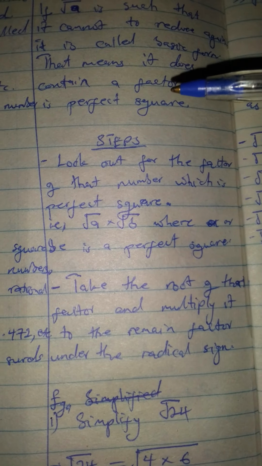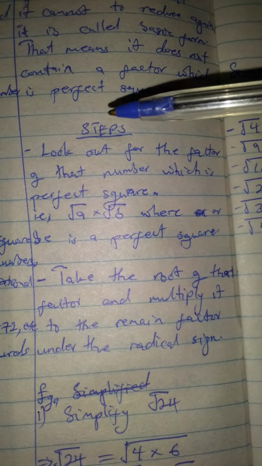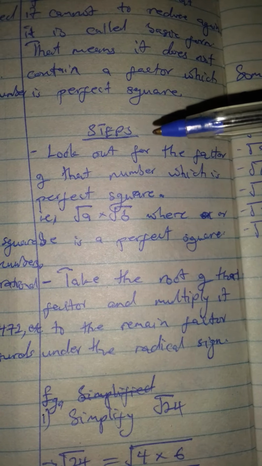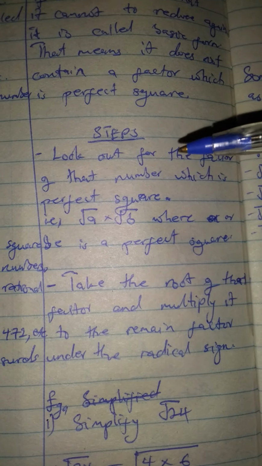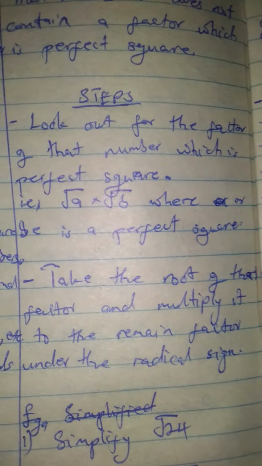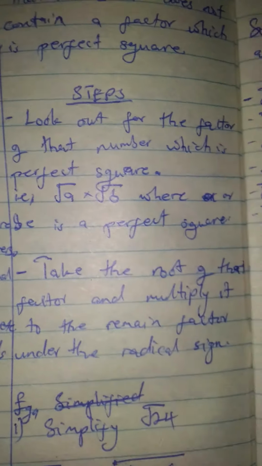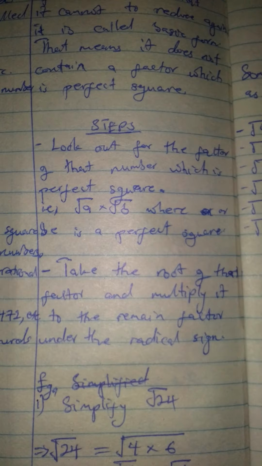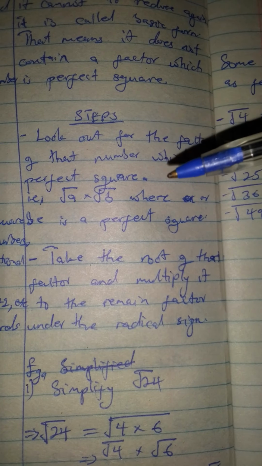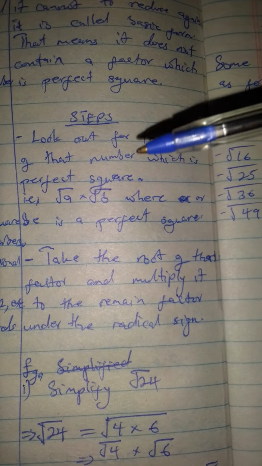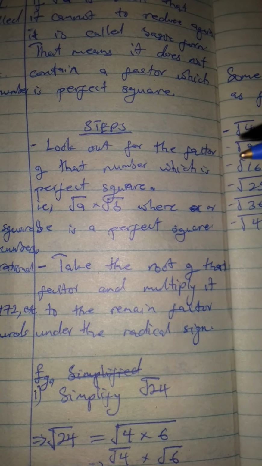For example, when you expand, you are going to get root a times root b, where a or b is a perfect square. One of them has to be a perfect square, it shouldn't be that both are perfect squares. So you proceed, you take the root of the factor which is the perfect square, then you multiply it by the remaining factor under the radical sign.